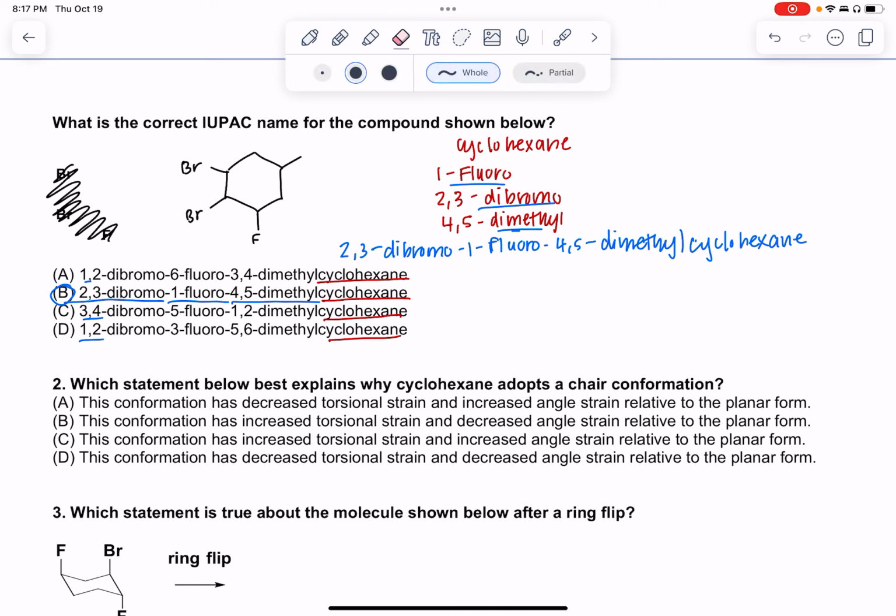If there aren't groups, then look for alphabetical priority, or look for which direction is going to give you the next least substituent. So you want to travel the least to get to the next substituent. And like I said, here's a tie. So that's just another example of what it could be. Here's what it was. B is the answer.